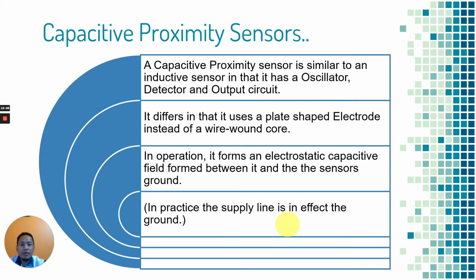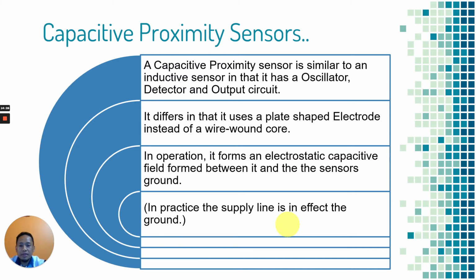A capacitive proximity sensor is similar to an inductive sensor in that it has an oscillator, detector, and output scheme. It differs in that it uses a plate-shaped electrode instead of a wire-wound core. In operation, it forms an electronic capacitor between these two parallel plates.